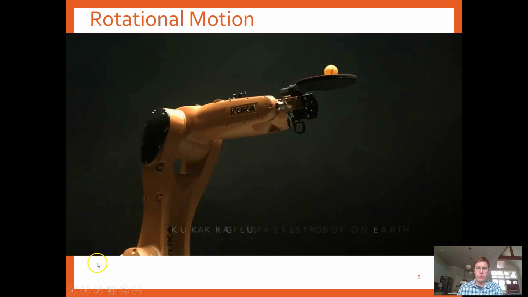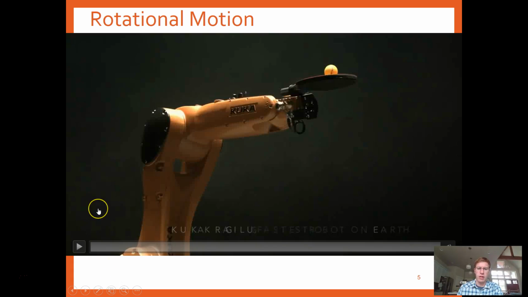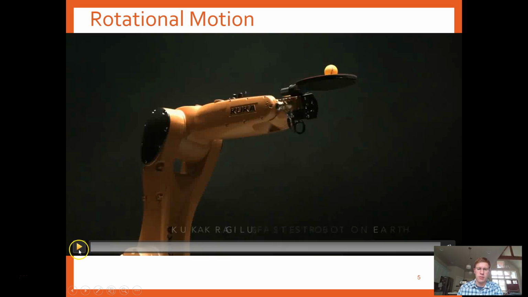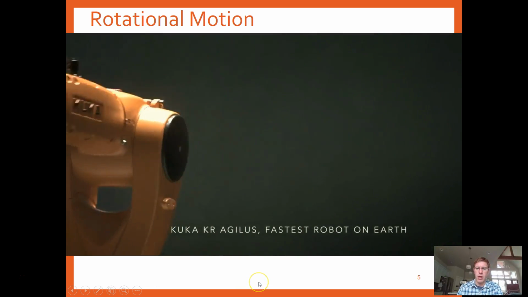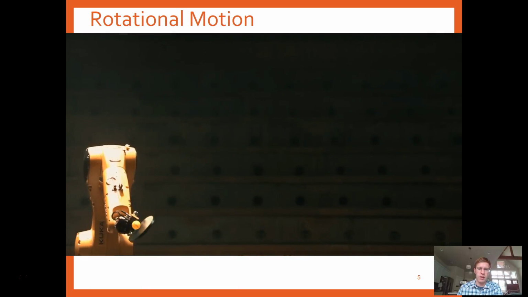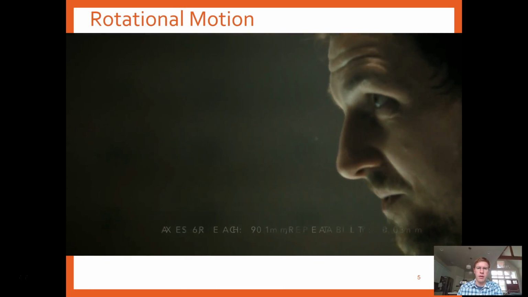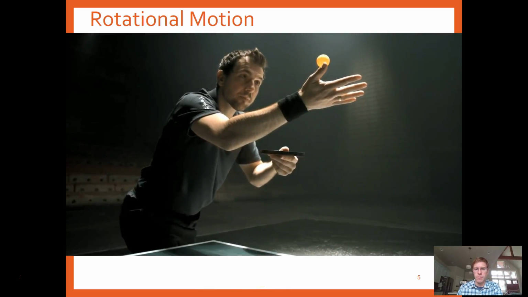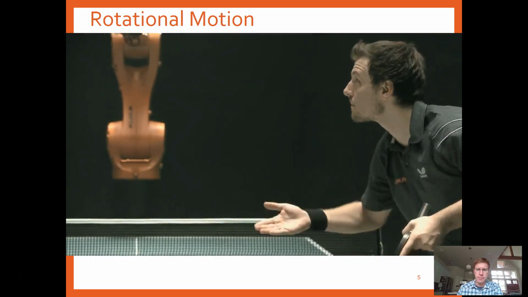To introduce you to how cool rotational motion can be and how much we see in the natural world, both rotational and translational, so that's linear motion, together. This is a really cool robotic arm that was created to play ping pong, super finely tuned, and quite amazing in its ability to move and its ability to react.